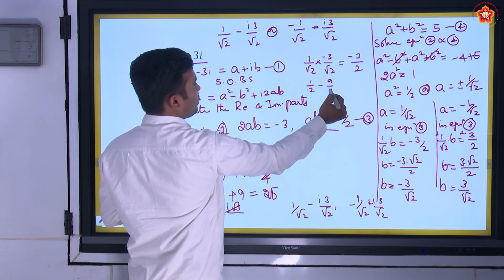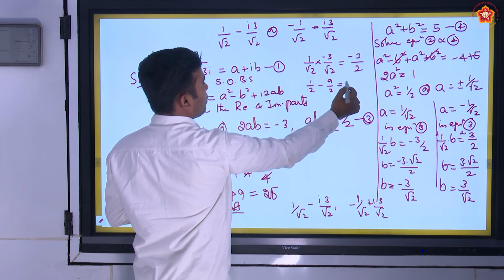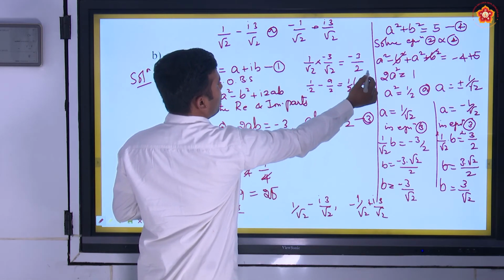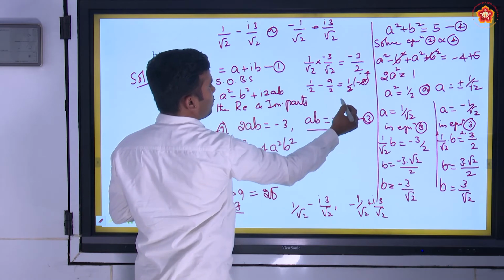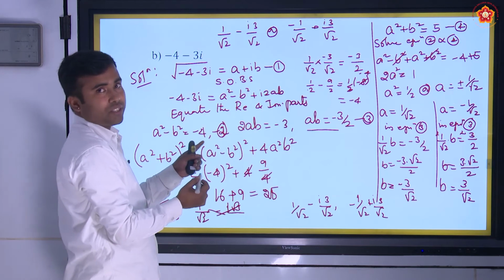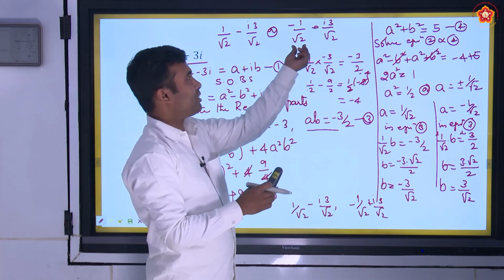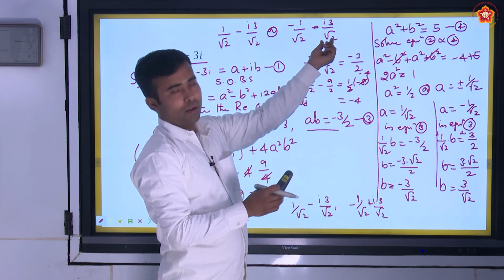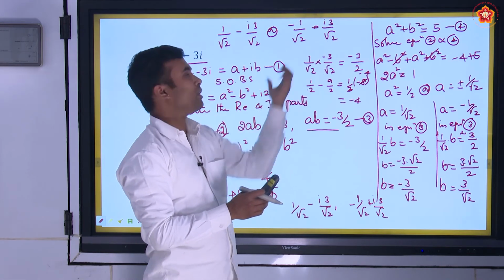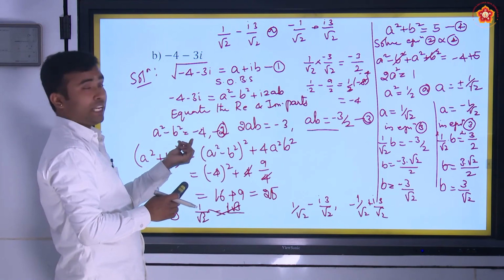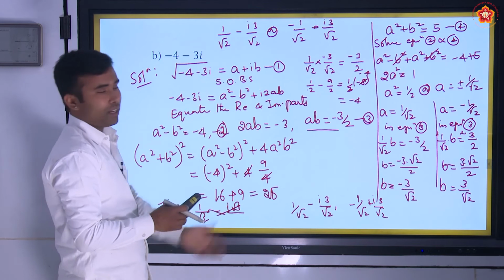So this is equal to 1 by 2 minus 9 by 2, which is minus 4. The equation is satisfied. Similarly, you consider a as minus 1 by root 2 and b as 3 by root 2, and this equation is satisfied if you take those values.